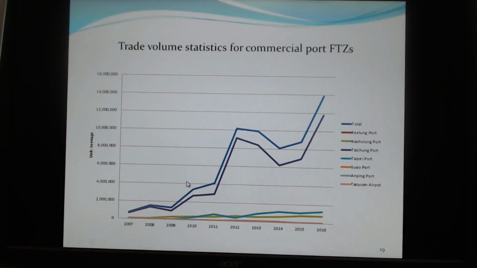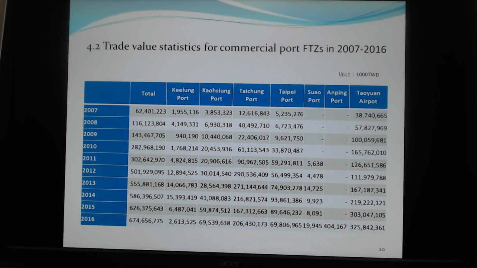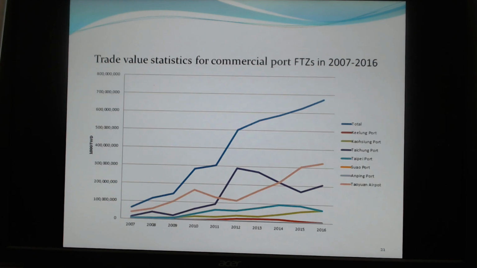Okay, you can see this figure shows some special areas, for example, Taichung, where the trade volume statistic is increasing compared with Kaohsiung and compared with Keelung port. Okay, here's talking about trade barriers. So you can see the trade barriers for commercial ports here.